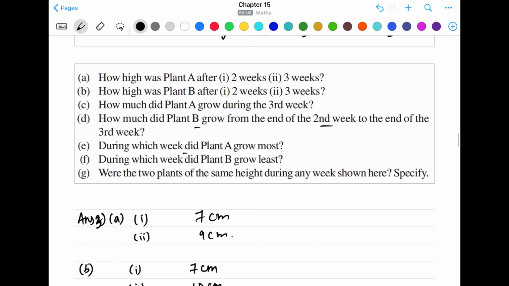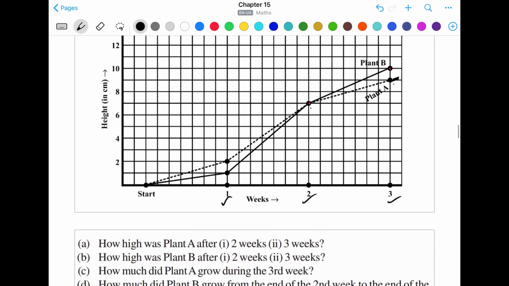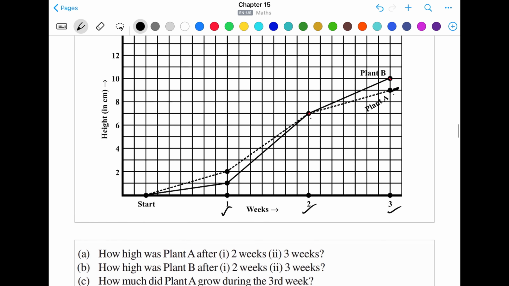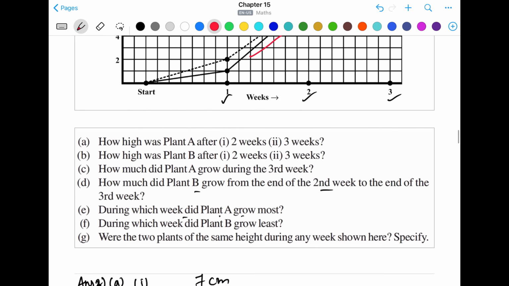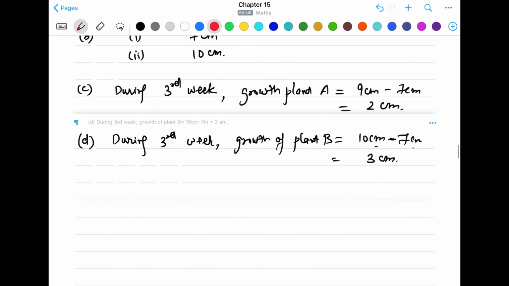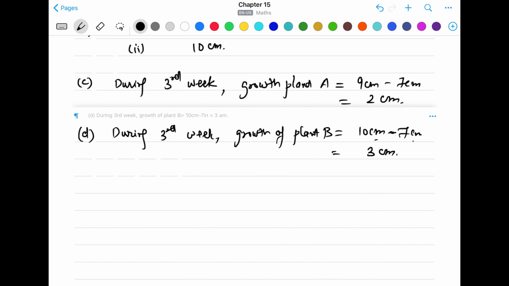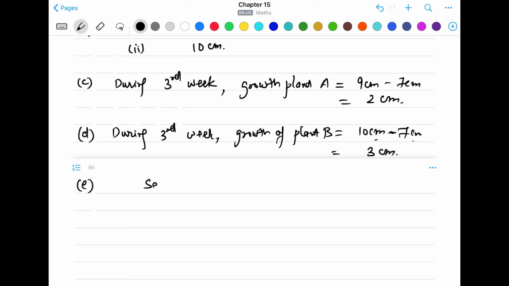Next is, during which week did plant A grow most. By looking at the graph you can see the longest length of the line is between the 1st and the 2nd week. So that means during the 2nd week the plant grew most. The answer for this one is 2nd week.